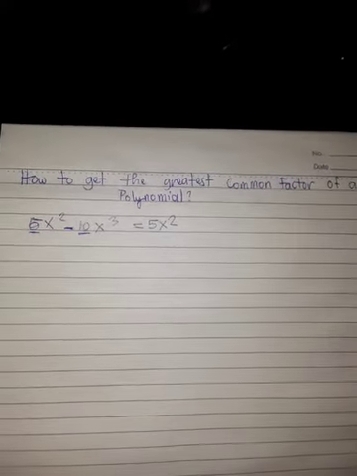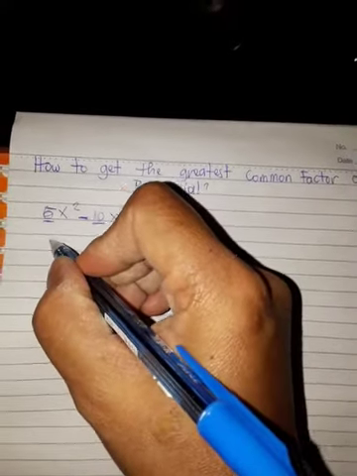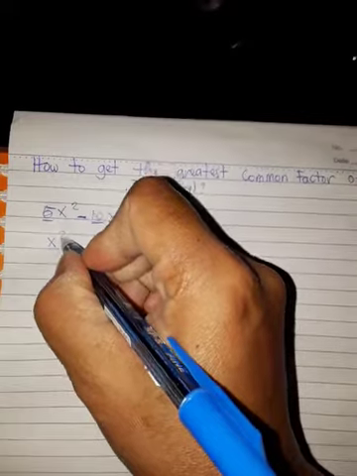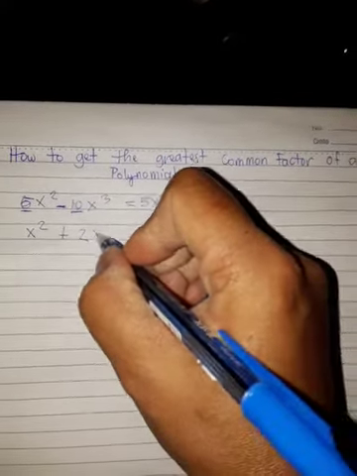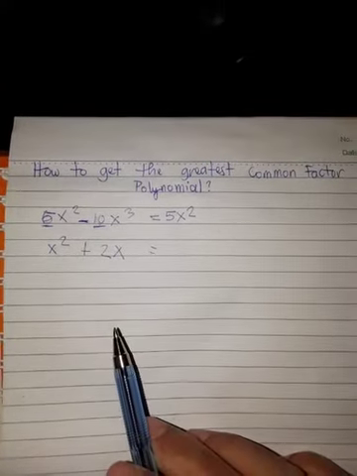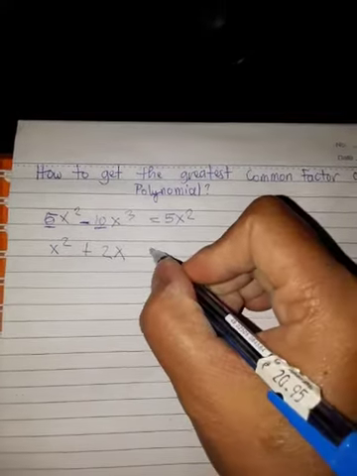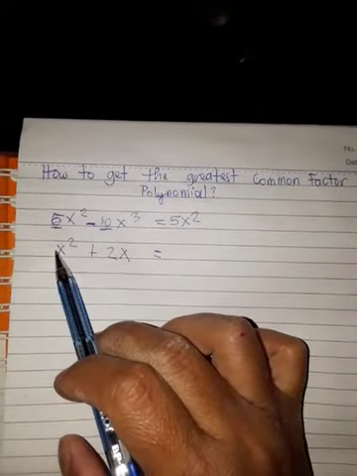Okay, so let's have another example. x squared plus 2x. In here, what are the given numbers first? In the first term, we have 1.